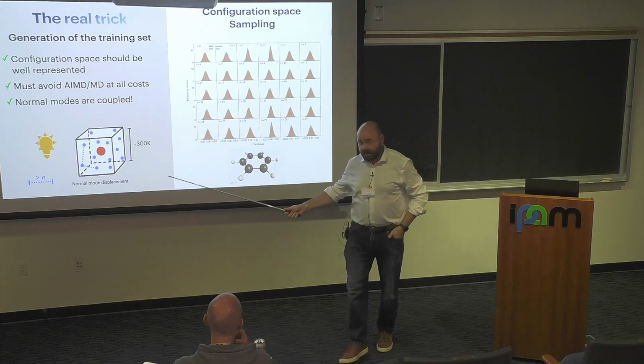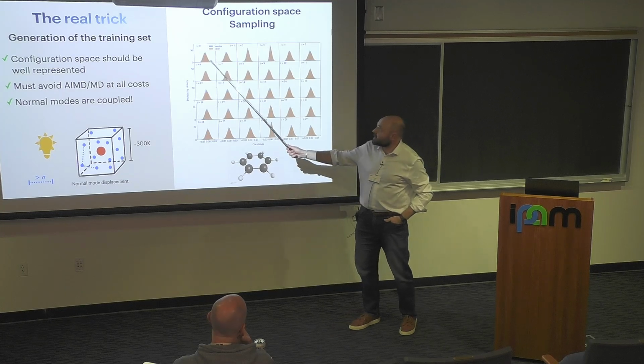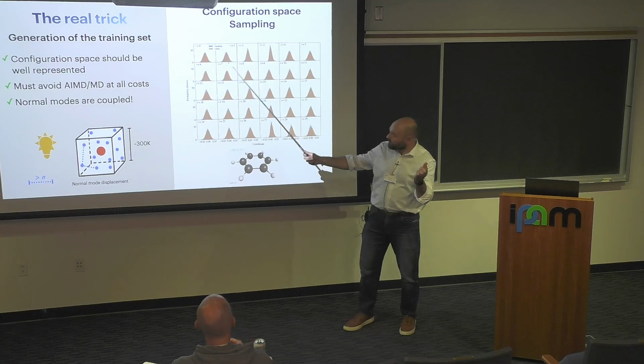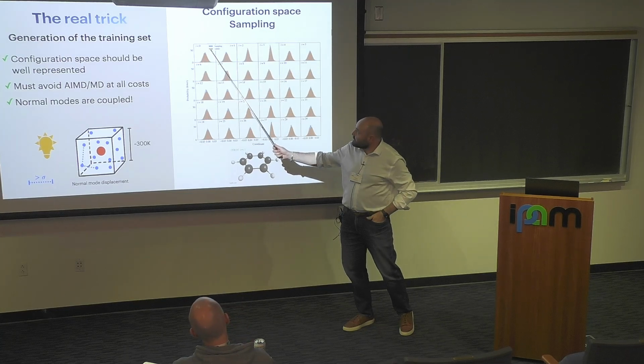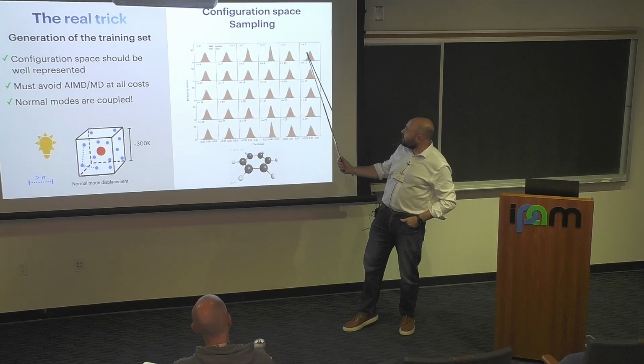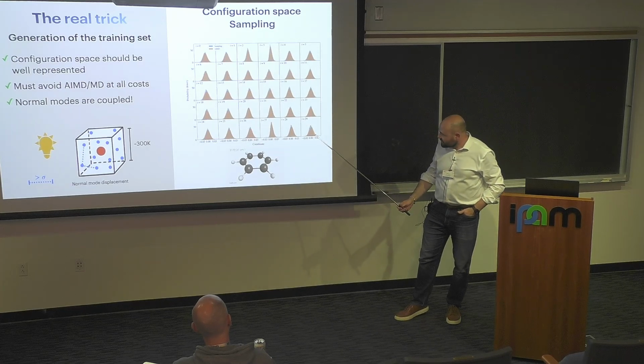Totally avoid ab initio dynamics. I use this normal mode idea, and these are the distributions of normal modes, how they're vibrating. In tan, AIMD, in blue, our sampling, and our sampling is pretty much on top of the ab initio dynamics sampling, with the exception of this guy.